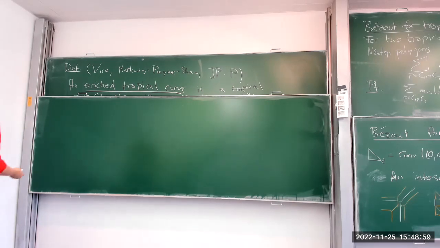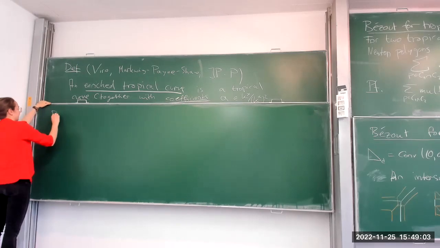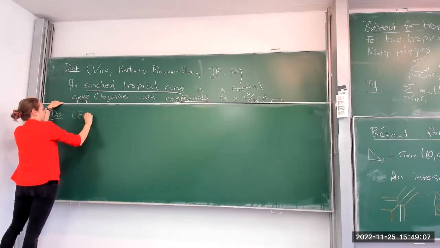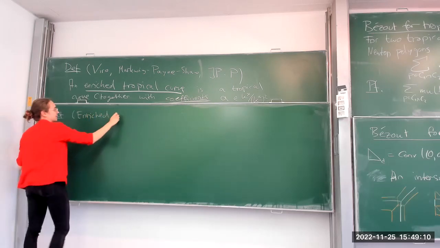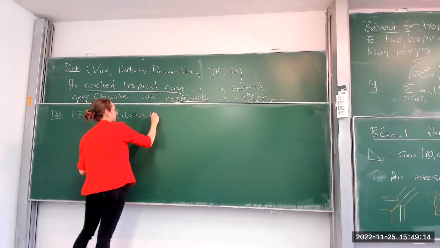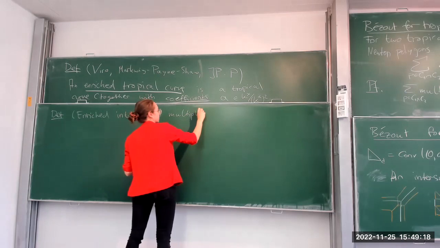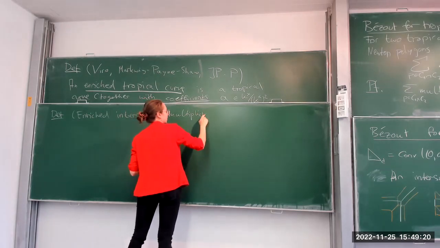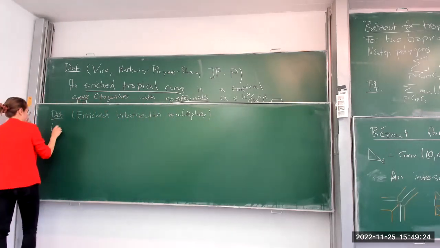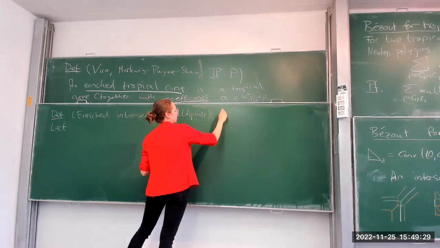How can we define the enriched intersection multiplicity? So let's give our definition.